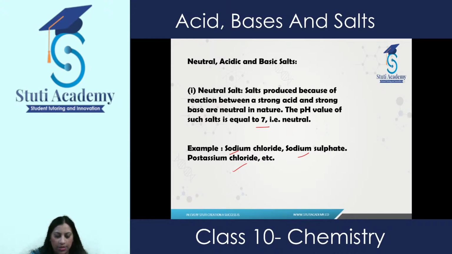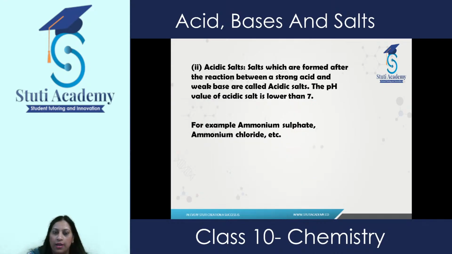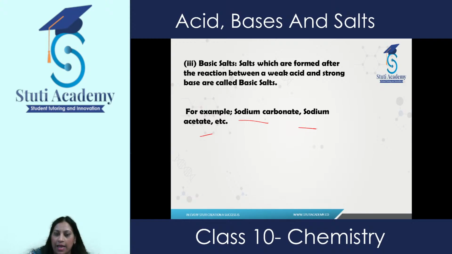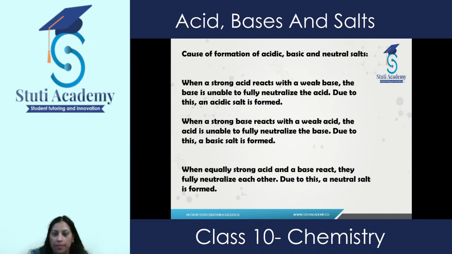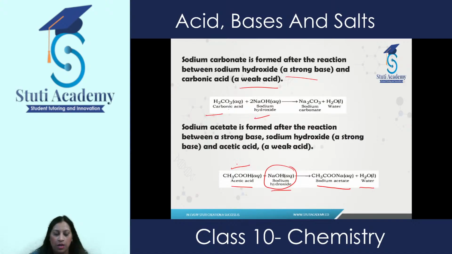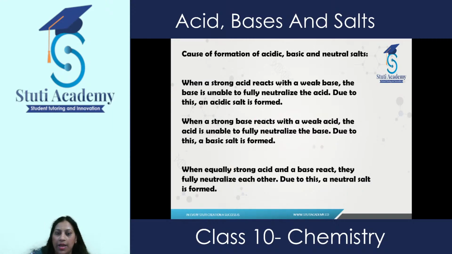We have discussed the types of salt: neutral, acidic and basic. These are the examples which I have already discussed with you. And what is the reason behind it when we combine acid and base together?